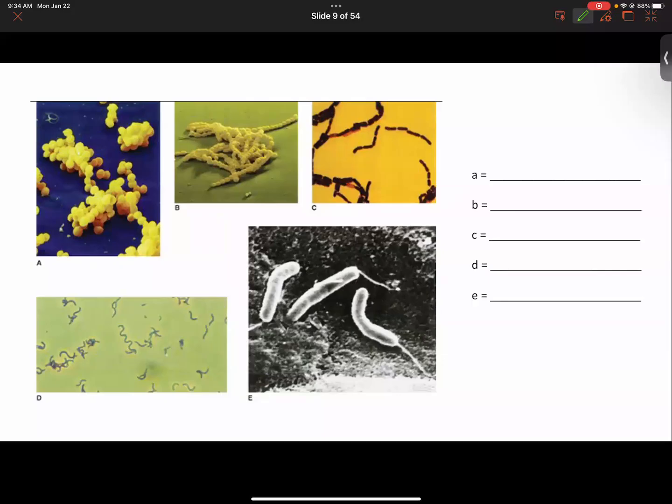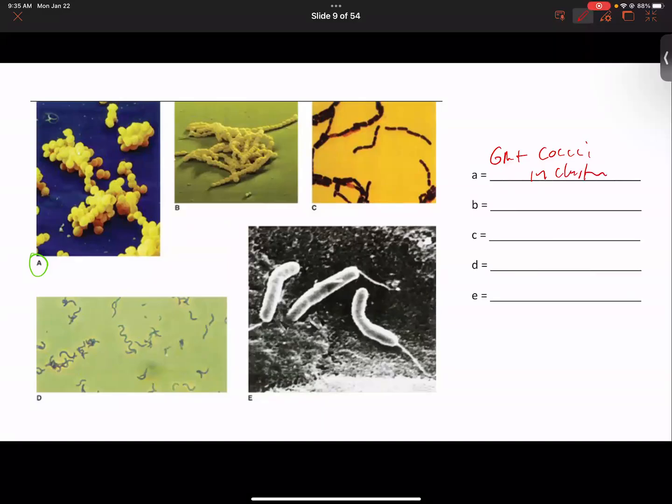All right. So fill in the blank then. Let's look at A. So from a morphology perspective, how would you describe what you see in A? Cocci in clusters. And if I tell you that it seems blue, what do you suppose that is? Gram-positive. Gram-positive cocci in clusters.